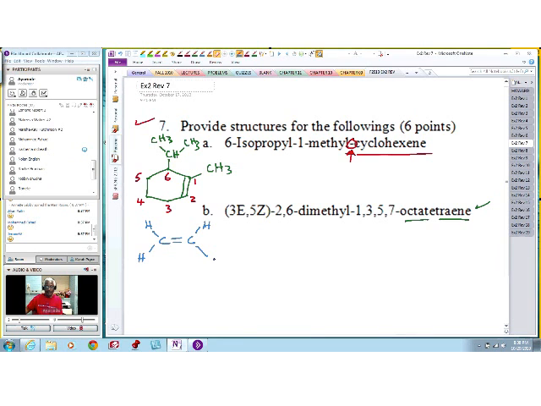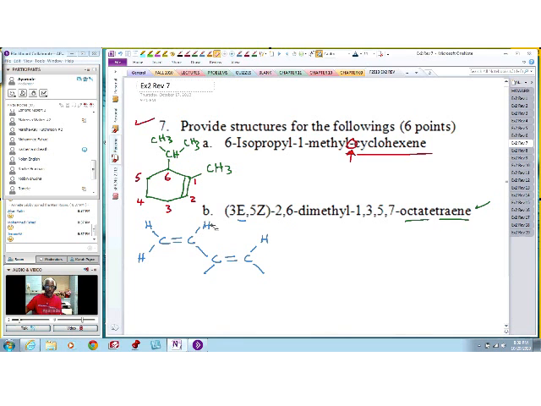Then in position 3, we have another double bond, and they tell us that will be E. So I'm going to place my hydrogen here in order to make that E. Sorry about that.